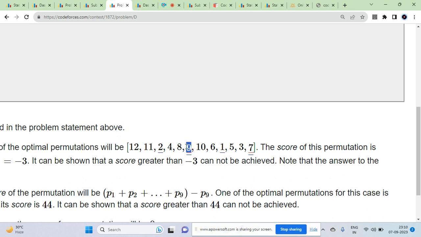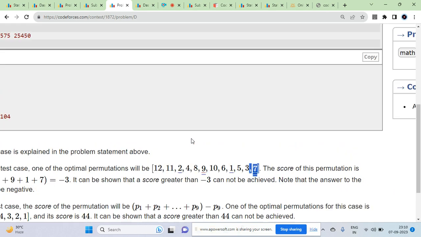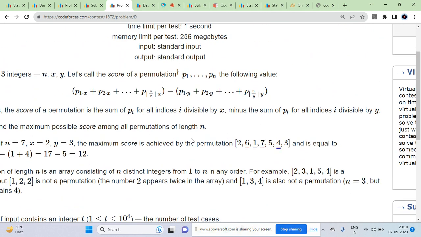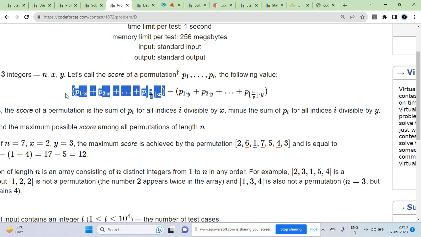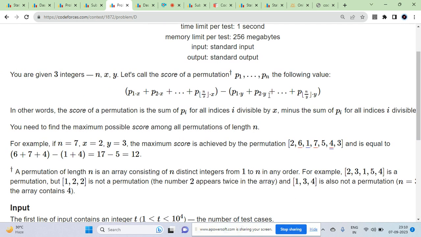Go to the multiples of y, so this is index 6 and this is index 12. Now what you need to do is, whatever you marked as multiples of x index, sum them up, minus the sum for y. That's your answer. You have to maximize or minimize this, whatever.